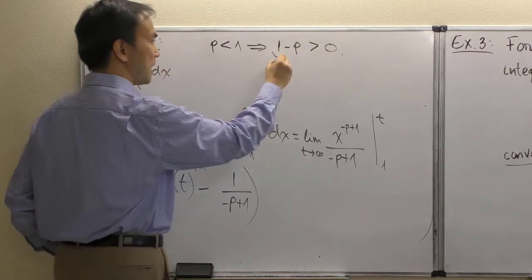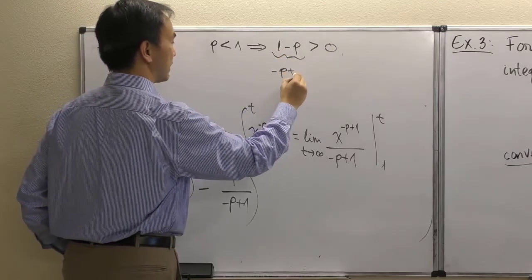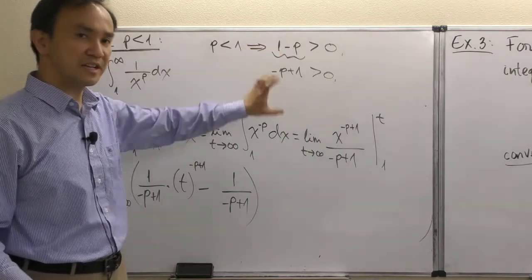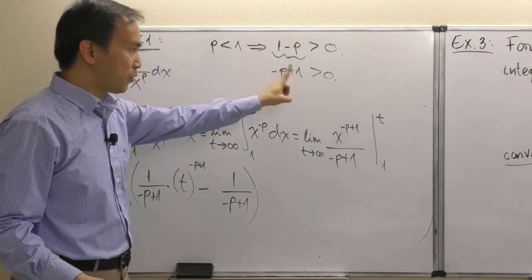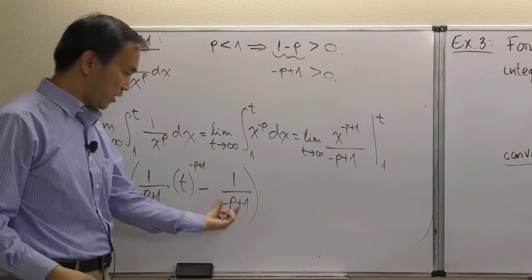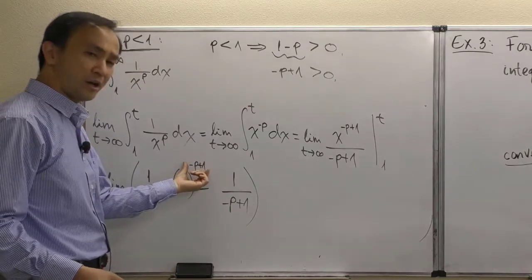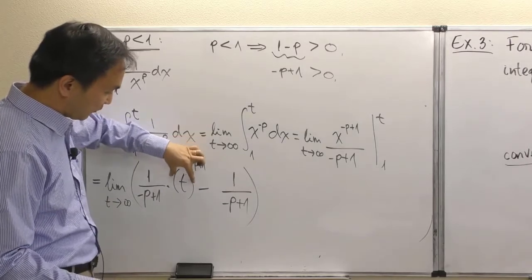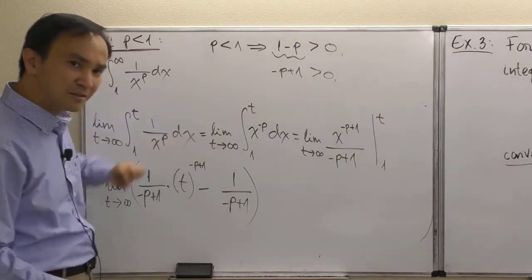But 1 minus p is the same as minus p plus 1, just a different way of writing it. So I have just proven that minus p plus 1 is a positive quantity, and specifically, for this power, it's a positive power.